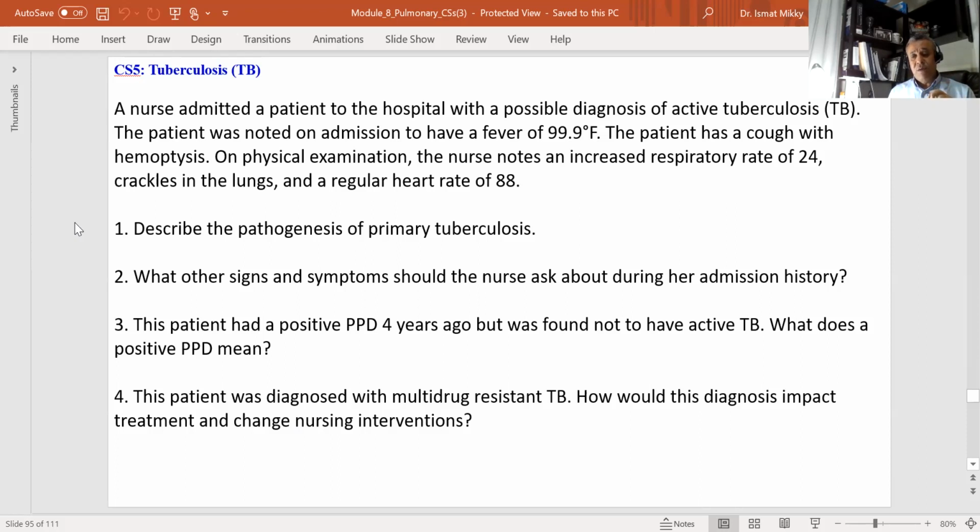When the positive PPD was found, the patient would have had an X-ray and no evidence of the disease, so the disease wasn't active. So the patient would be considered to have latent TB. The patient would have been treated, and then no longer has active TB. So that's latent TB.